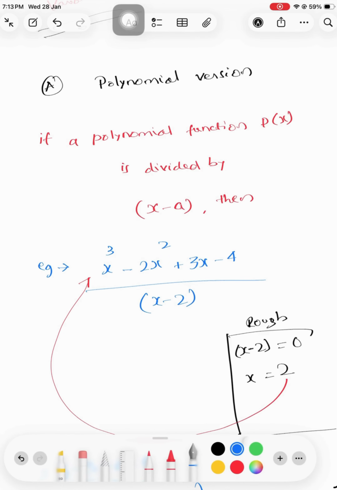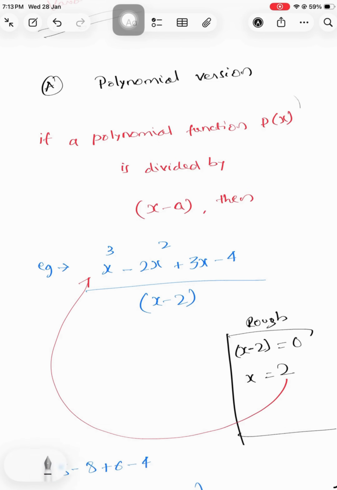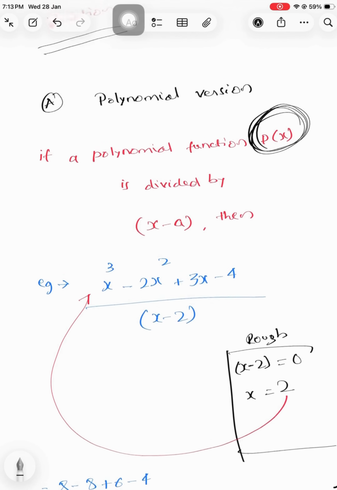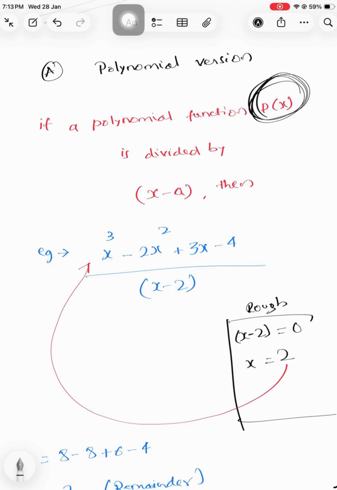Just to give a very basic idea for all those aspirants who come from a non-mathematics background, these functions are known as polynomial functions, usually written as p(x), and there are different definitions based on the number of terms and the number of degrees.